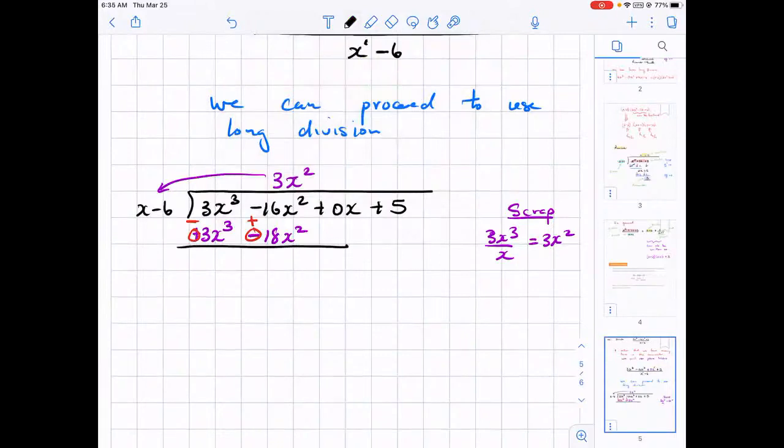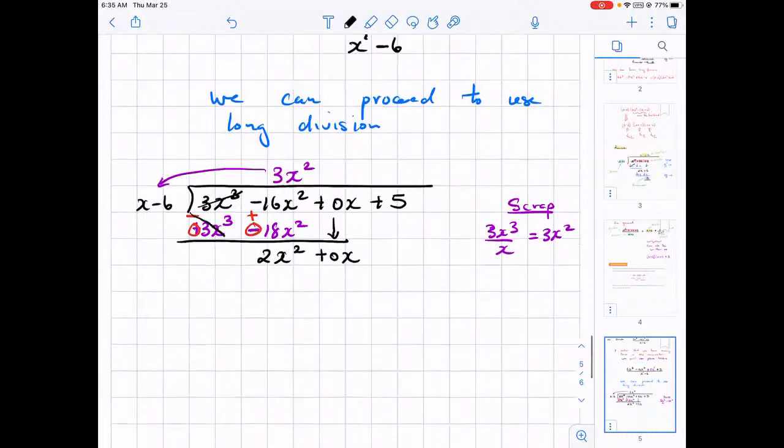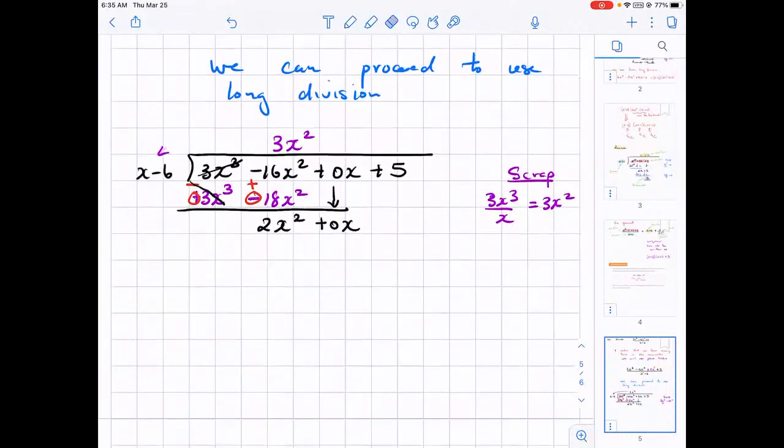If we do that, minus 16x squared plus 18x squared becomes 2x squared. And then the plus 3x cubed and the minus 3x cubed cancel out. We will now bring down our plus 0x. We finish distributing, so I'll remove that, and we repeat the process again. What is 2x squared divided by x? That becomes 2x, so we write plus 2x here.